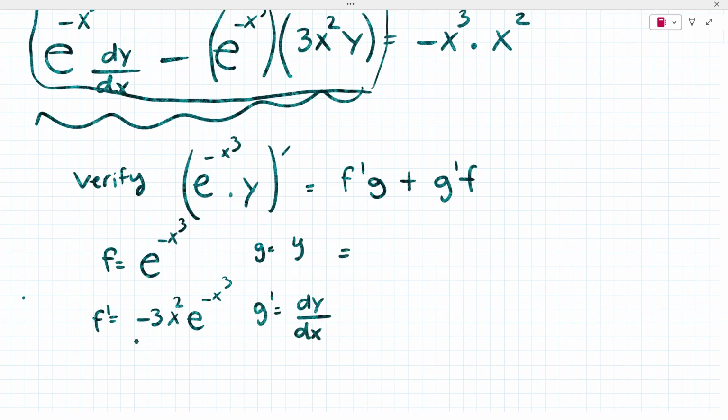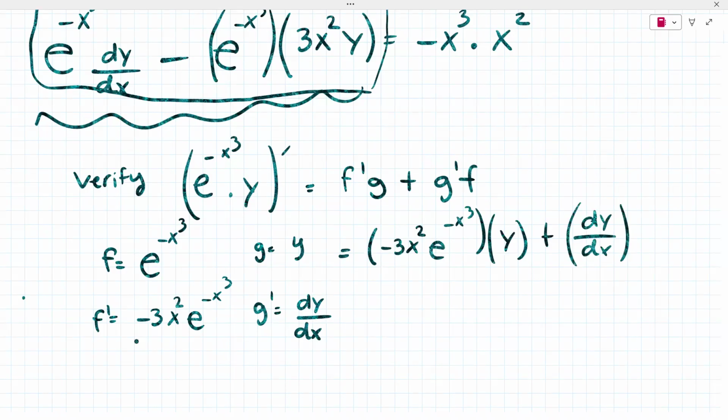So f prime of g plus g prime of f: f prime is negative 3x squared e to the negative x cubed, times g, which is y, plus g prime, which is dy dx, times f, which is e to the negative x cubed.